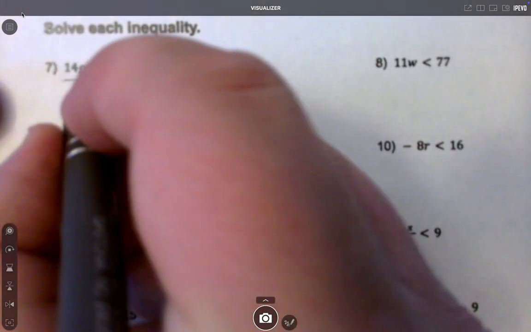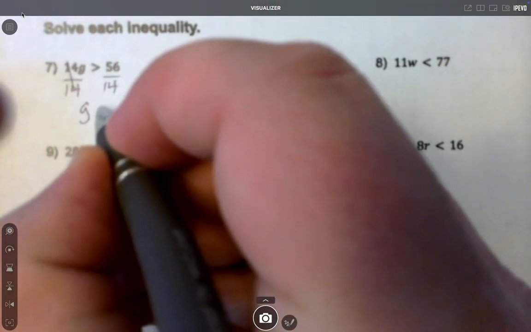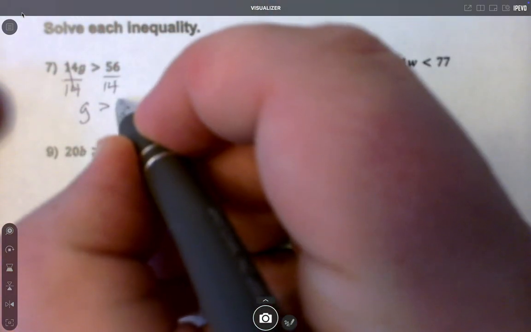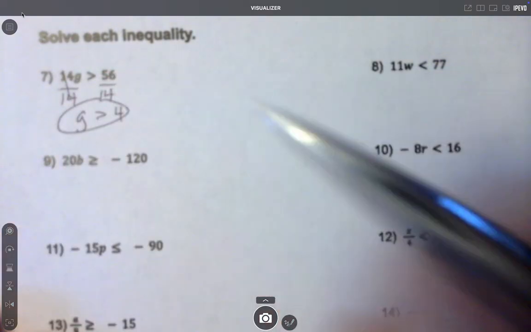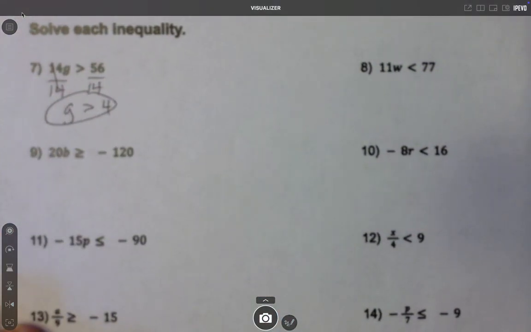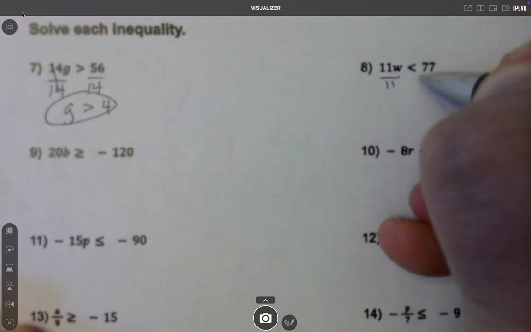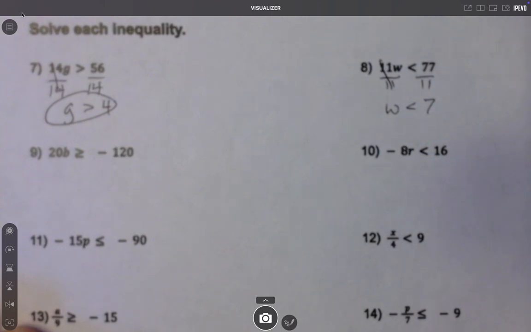So we do the opposite and we divide. And 56 divided by 14 is 4. So g is greater than 4. Number 8 is 11 times w, so we need to divide by 11 on both sides. So we get w is less than 7.